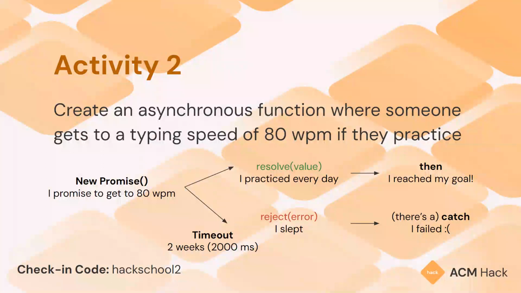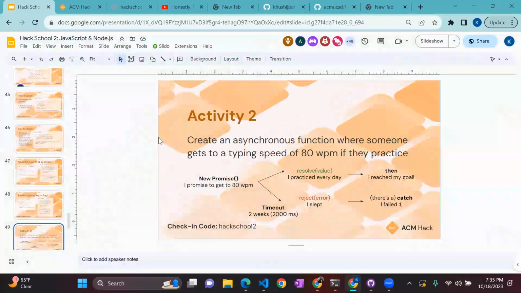If the person practiced, we resolve the value with their new words per minute. If they didn't practice, we reject with an error. Then, based on whether the promise was fulfilled or not, did we reach our goal or did we fail? I'll give you 10 to 15 minutes to work on this, and we'll walk around and help you out.